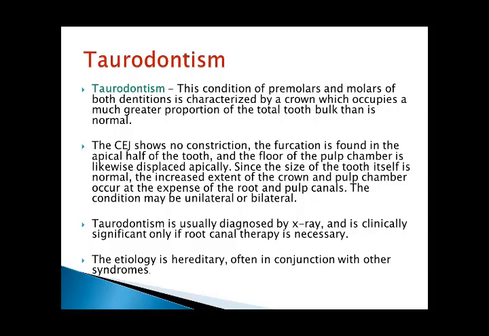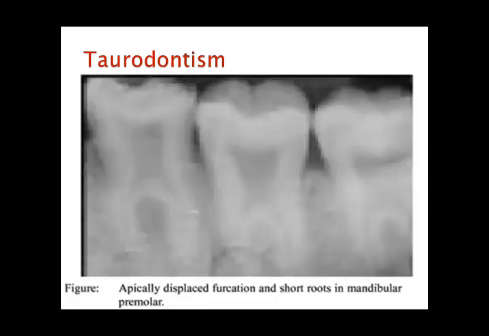Taurodontism is usually diagnosed by X-ray and is clinically significant only if root canal therapy is necessary. The etiology is hereditary, often in conjunction with other syndromes. It typically displays furcation and short roots in mandibular premolars.